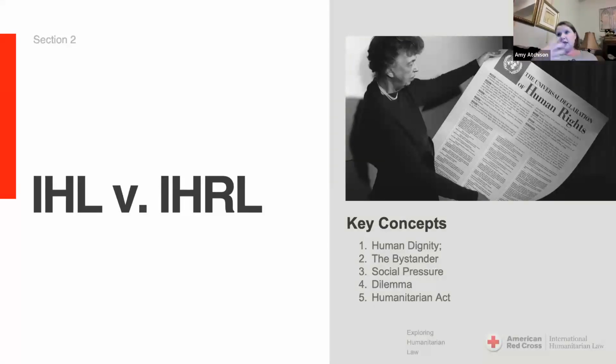But if you are like me as an educator, the turnkey is nice, but sometimes you feel like you need to know more so that if they ask you off the wall questions, you can answer them. So there is a great resource on the ICRC page, and it's IHL and IHRL, and it gives you a nice synopsis of the differences.